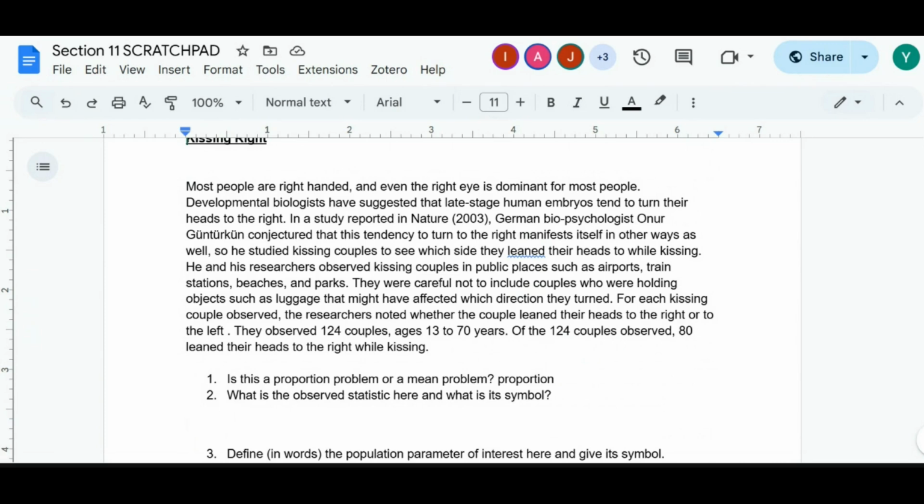Can you type it? What's the symbol for that? 80 out of 124 is not pi, but why? Because it's based off the sample. So the observed statistic is 80 out of 124, which as a decimal is 60 something percent. That's p hat. Good.